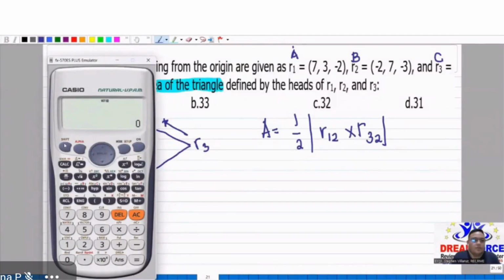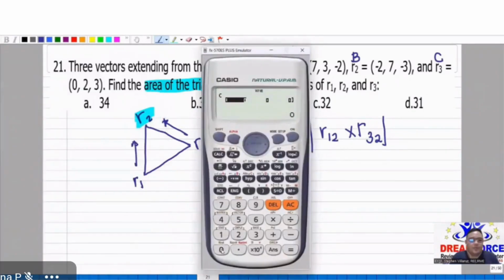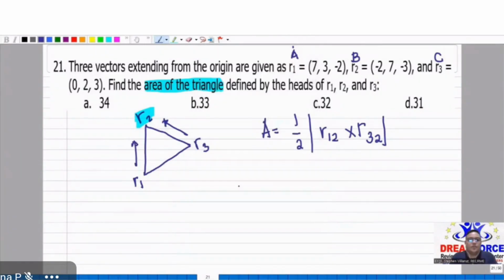Then, press AC ulit. So, shift vector 1 ulit for DIM. Next is vector 3, 3 dimension, so 1. Okay? So, dito, we have 0, 2, and then 3. Okay? So, press natin AC. Then, kunin na natin yung area. So, 1/2 of your absolute value ng R12, take note, R12 is from 1 going to 2.